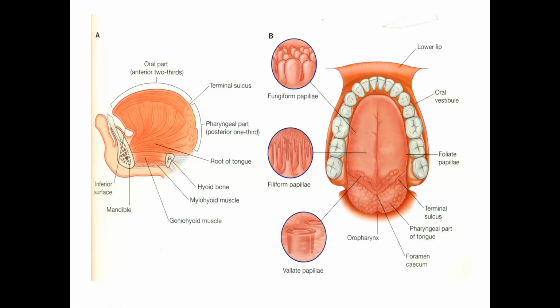Sometimes the thyroglossal duct persists, because the epithelium from the tongue originates through the thyroglossal duct to form the thyroid gland from the foramen cecum.